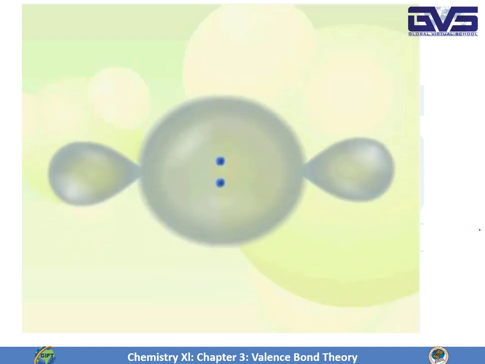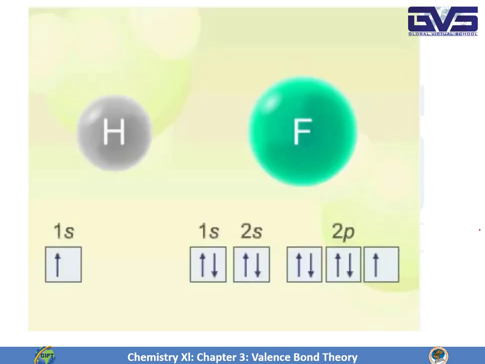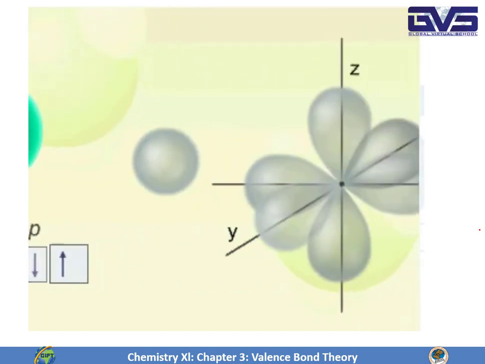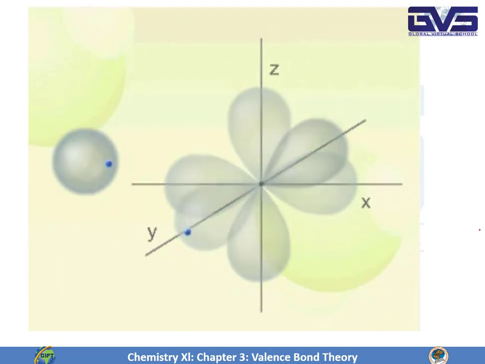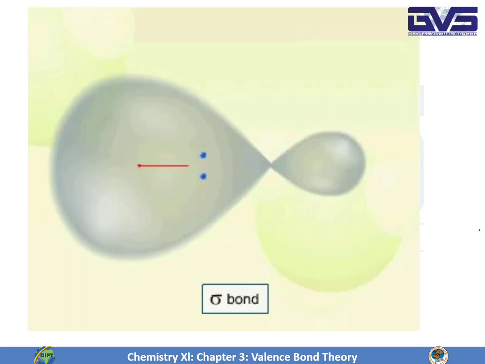A bond produced by such head-to-head overlapping of p orbitals is a sigma bond. Both hydrogen and fluorine possess a single electron which can be shared with the other atom. They are in different orbitals, 1s in hydrogen and 2p in fluorine, but they can still overlap to form a covalent bond. The bond formed by the overlapping of s and p orbitals is a sigma bond too.